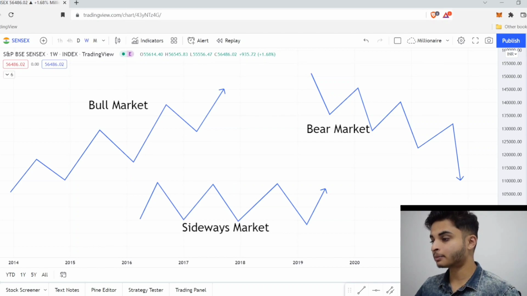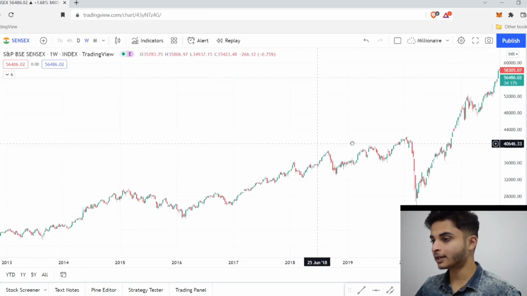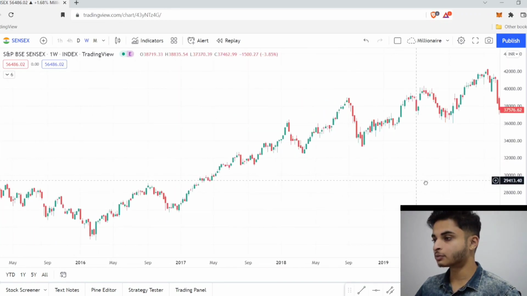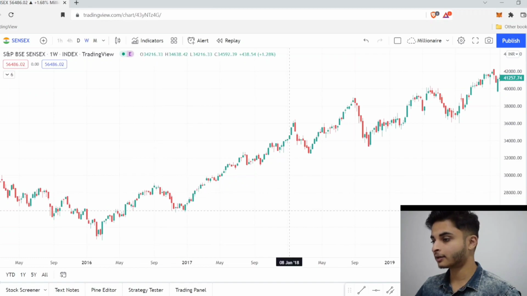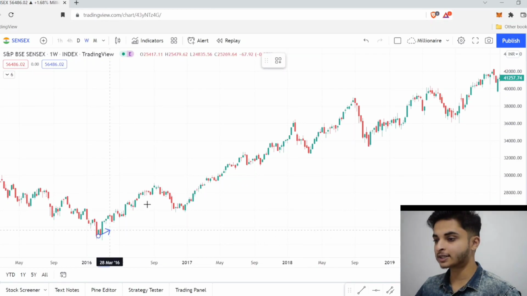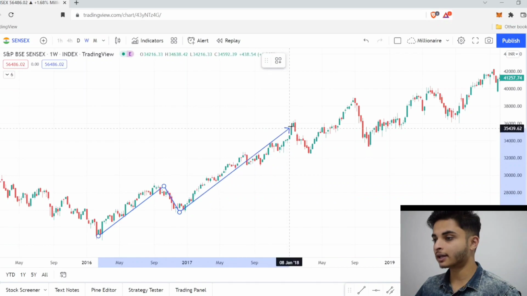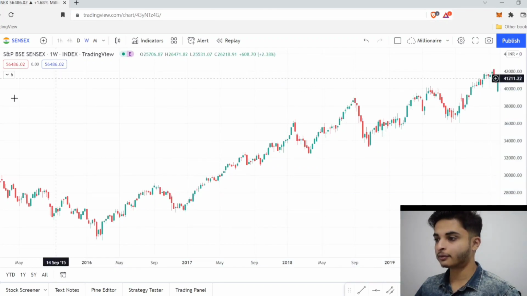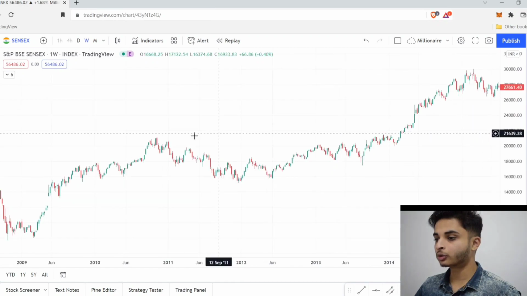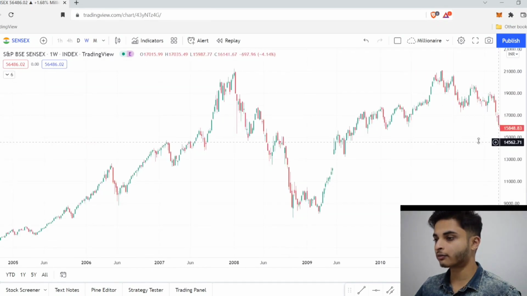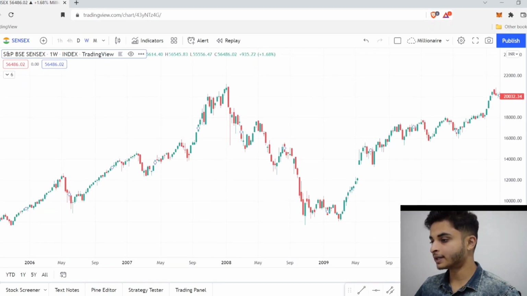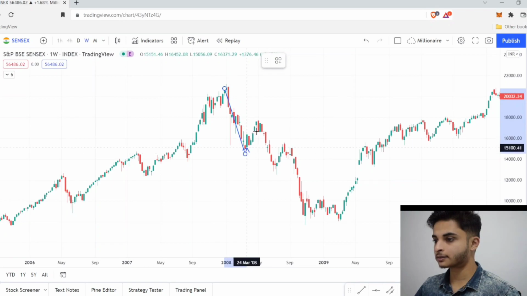For example, अगर आप real chart देखते हो then Nifty from 2016 to 2020, this is what we can consider as a bull market, because if you see from 2016 the market is continuously making higher highs and higher lows and it's continuously rallying up. So this is what we consider as a bull market. And if you want to talk about bear market, हम 2008 check कर सकते हैं when we were going through the financial crisis, and this is when market was making lower highs and lower lows like this.